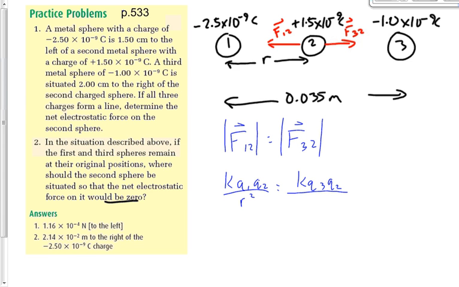Good. 0.035 minus R. Now that looks like an ugly equation here. 0.035 minus R squared. It is kind of ugly. But that's what the distance is.